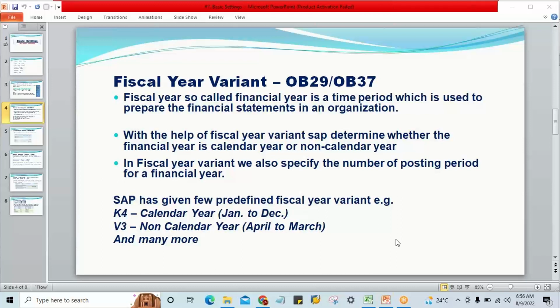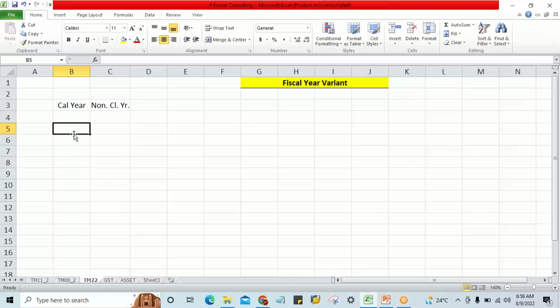That is the first question, right? Okay. Now here, the next one is whether we are going to use calendar year or non-calendar year.